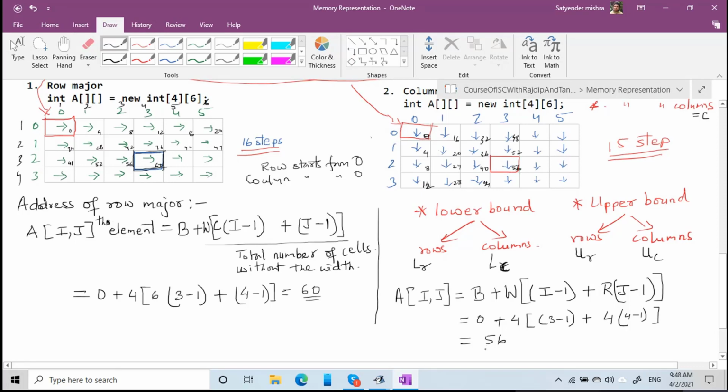So we have reached the particular cell address directly using this formula.